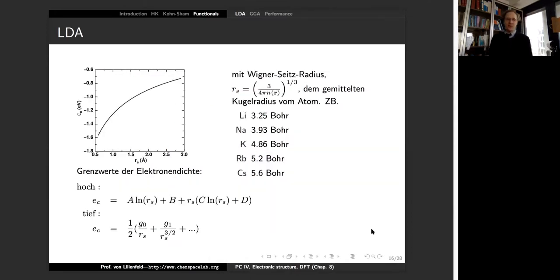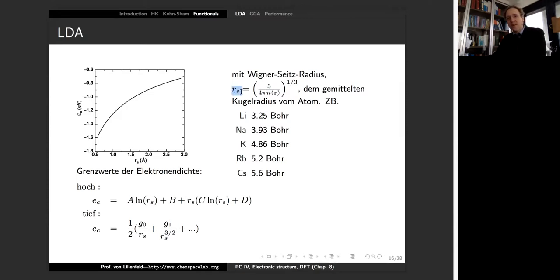Now, how does this electron correlation look? Let's look at this function. It's this epsilon c, right? And it is plotted here as a function of a variable which is actually inversely proportional to the electron density, the inverse electron density to the power of 1/3.